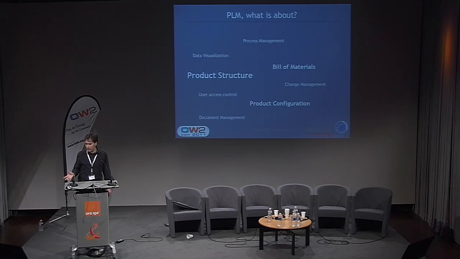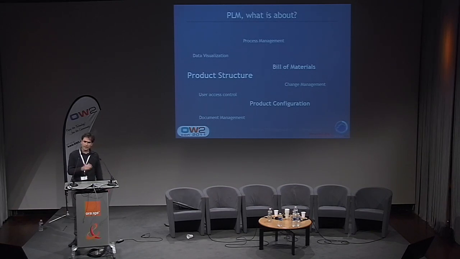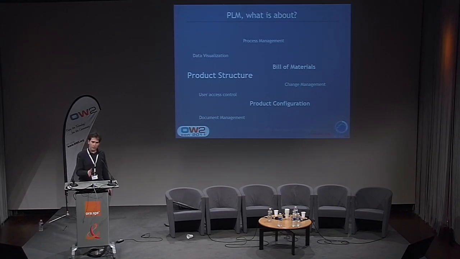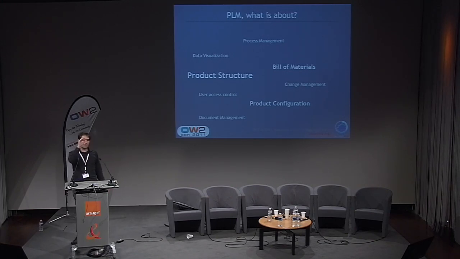The bill of materials is a list of raw materials. It's taken from a product structure. It's a kind of cooking recipe. I want to make this product. What are all the parts, the leaves? What is the cooking recipe?